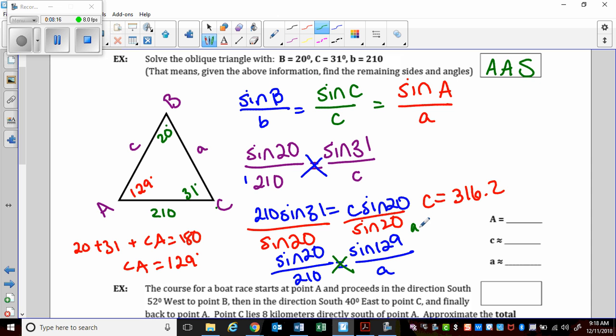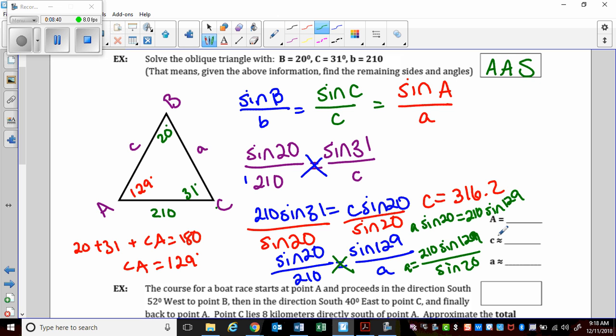We have a sine of 20 equals 210 sine of 129. Divide by sine of 20. A equals 210 sine of 129 over sine of 20.